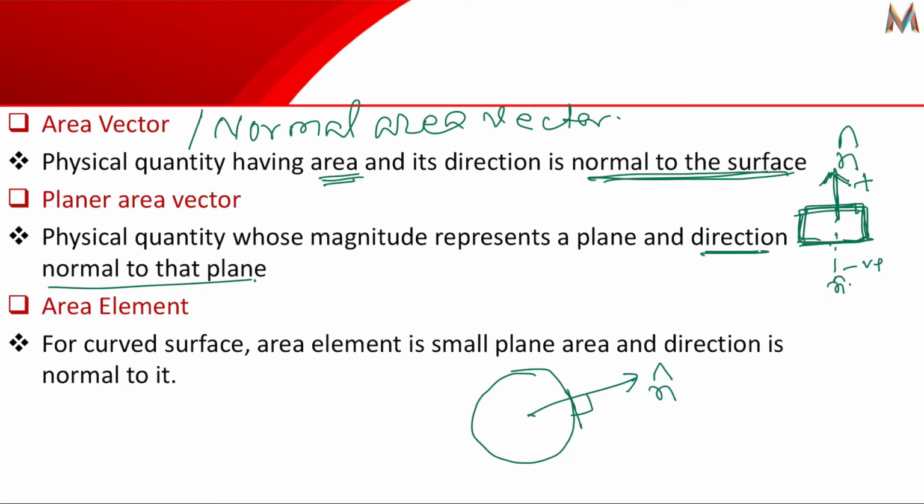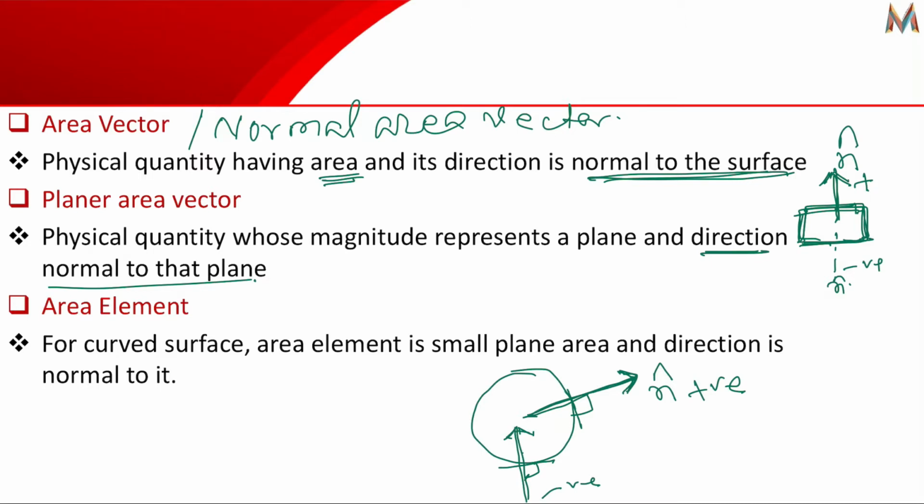If it is perpendicular outward, then its sign will be taken as positive by convention, and if it is perpendicular inside, then its sign is taken as negative. So, it is the convention that for a curved surface, the direction coming outward is said to be positive and the direction going inside the curved surface is said to be negative.